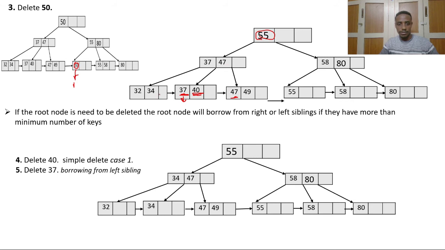So now we can see an example of how we can borrow from the left child. The left child of 37 is 32 and 34, the right child is 37, so 40 is already deleted here. So the maximum of the left child will be 34. 34 will be borrowed to 37 through the root node.